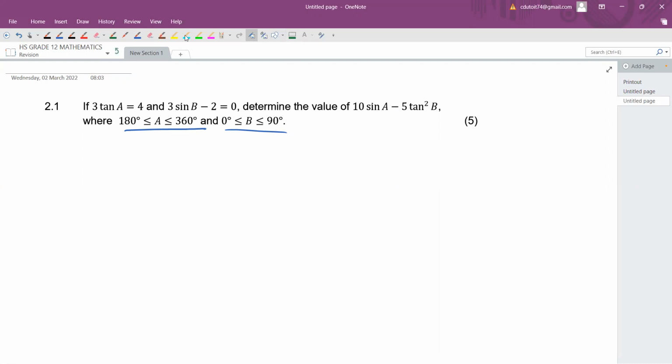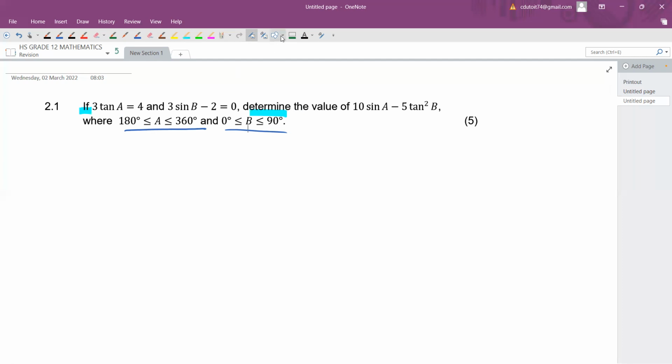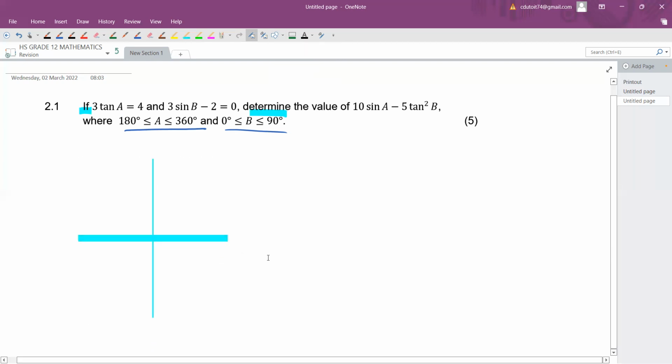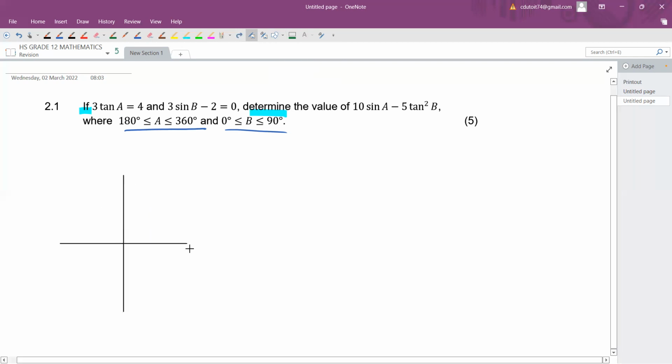Okay, if you see these keywords, if, determine, then, you are going to do trig ratios. So basically we're going to do a system of axes for both of these.